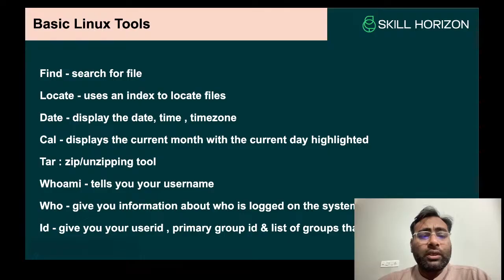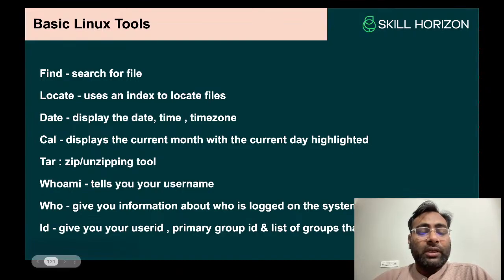So let's use these commands one by one, so hopefully you will get insight into how you can use them. Okay, so I'm going to use first find, then locate, then date, calendar, then zipping and unzipping files, which is basically done with tar, and then whoami, and then who, and then id.